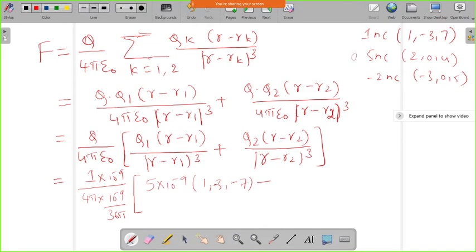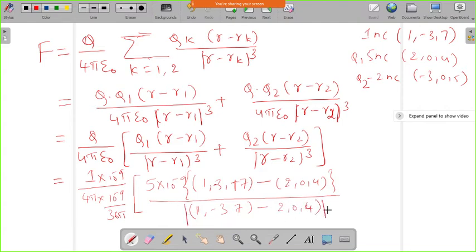So this is divided by the magnitude of r minus r1, whole cube.